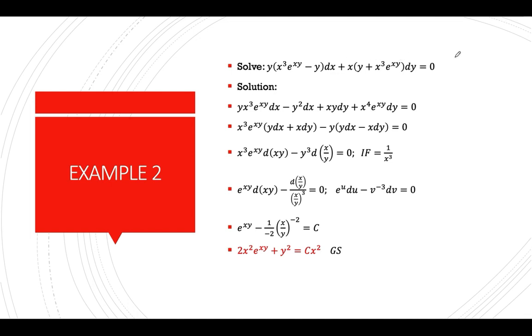You can verify that the partial derivative of M with respect to y is not equal to the partial derivative of N with respect to x. So we find an integrating factor by inspection. So this is non-exact.